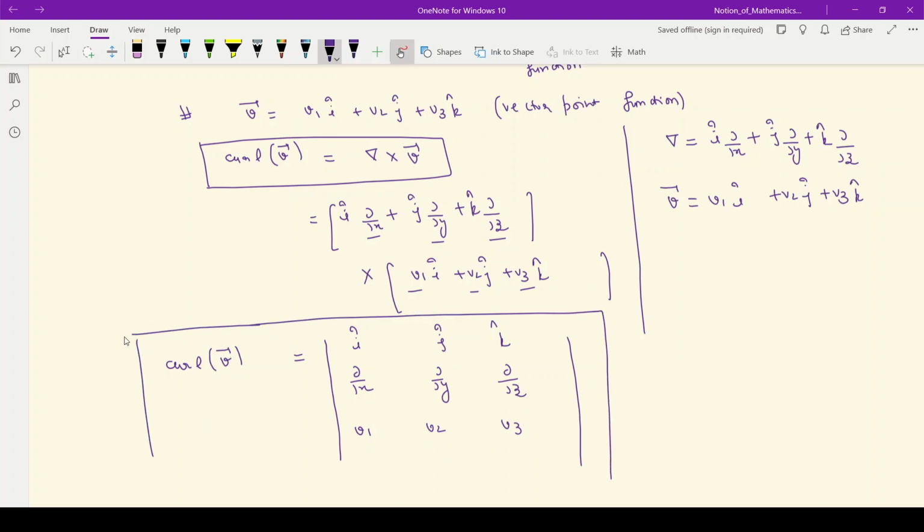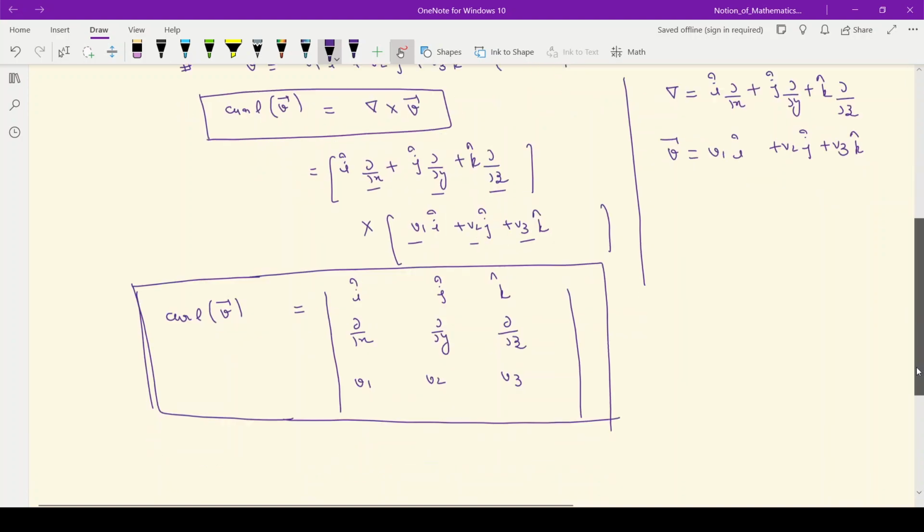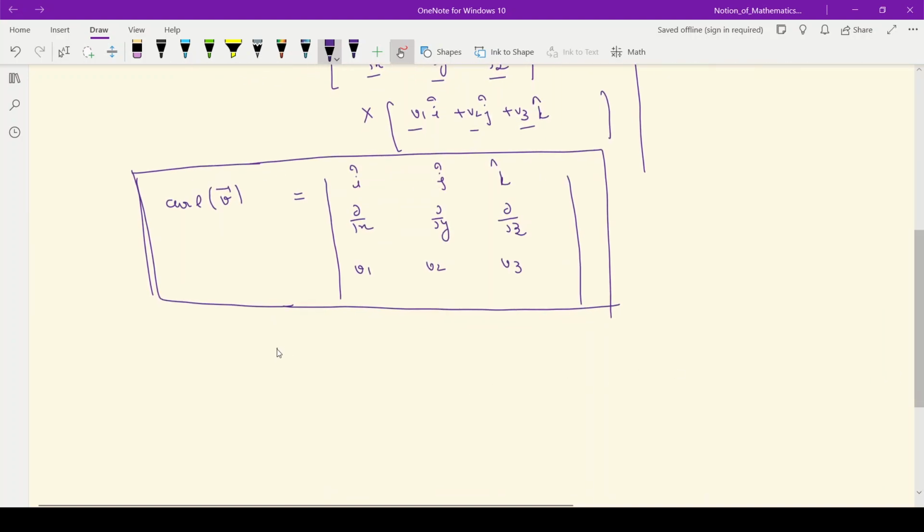I can also modify this particular determinant as per the next step. So how can I modify it?